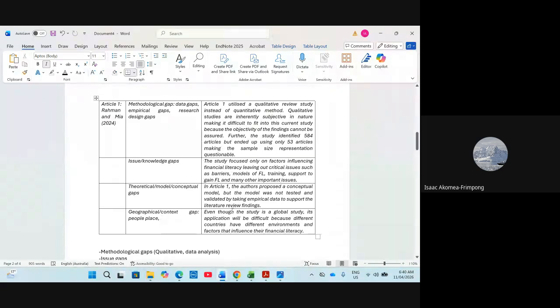Then the last issue is that even though the study is a global study, its application will be difficult because different countries have different environments and factors that influence their financial literacy. So for example, if you are doing a Ghanaian-based study, where somebody has conducted a global study, you can say that somebody did a global study, but the person failed to make it country-based, and therefore your current study, you want to make it country-based, in this context maybe Ghana or Nigeria or Sierra Leone.